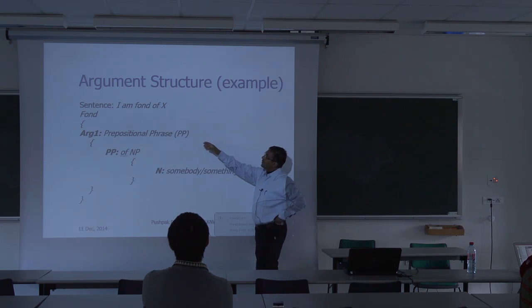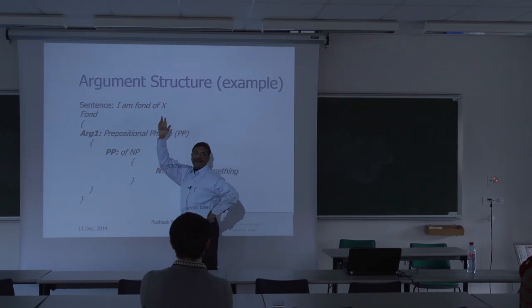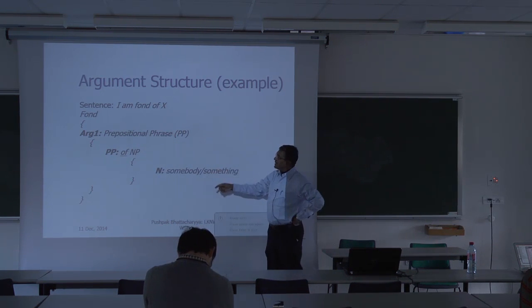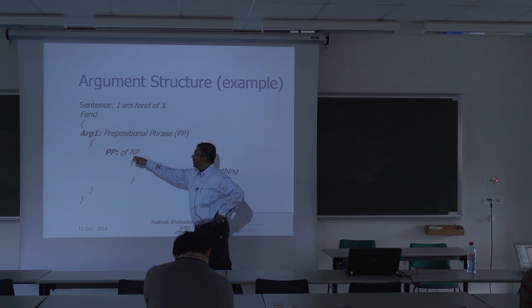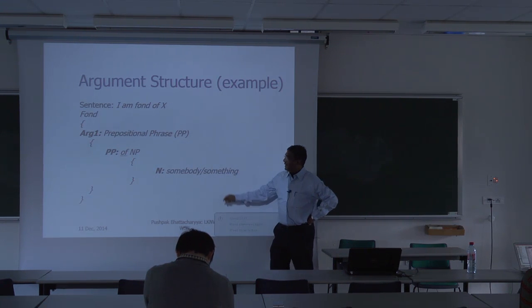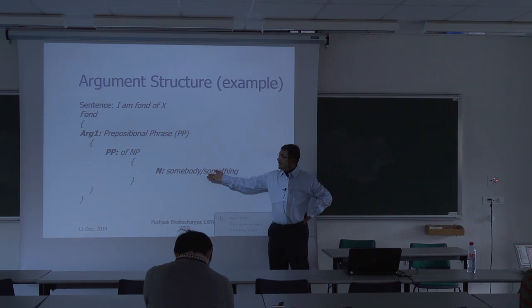We have to say fond of something. So fond requires a prepositional phrase. So this is expressed as PP of NP, and this NP is something, somebody, etc.